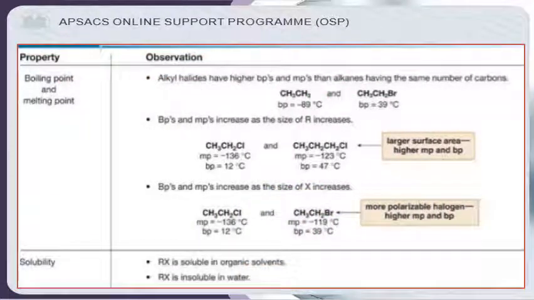The polar bond creates a molecular dipole that raises the melting points and boiling points as compared to the alkanes.